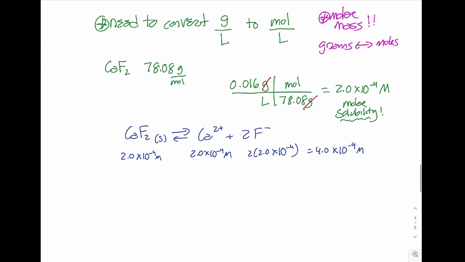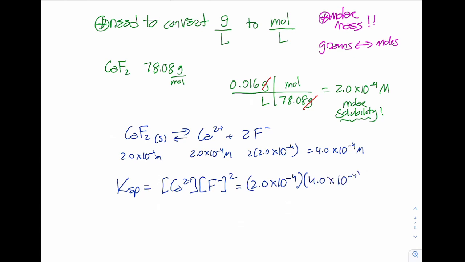I know that my expression is going to be my concentration of calcium raised to the 1st power multiplied by my concentration of fluoride ions raised to the 2nd power. Plugging those numbers in. Don't forget to square your concentration of fluoride.